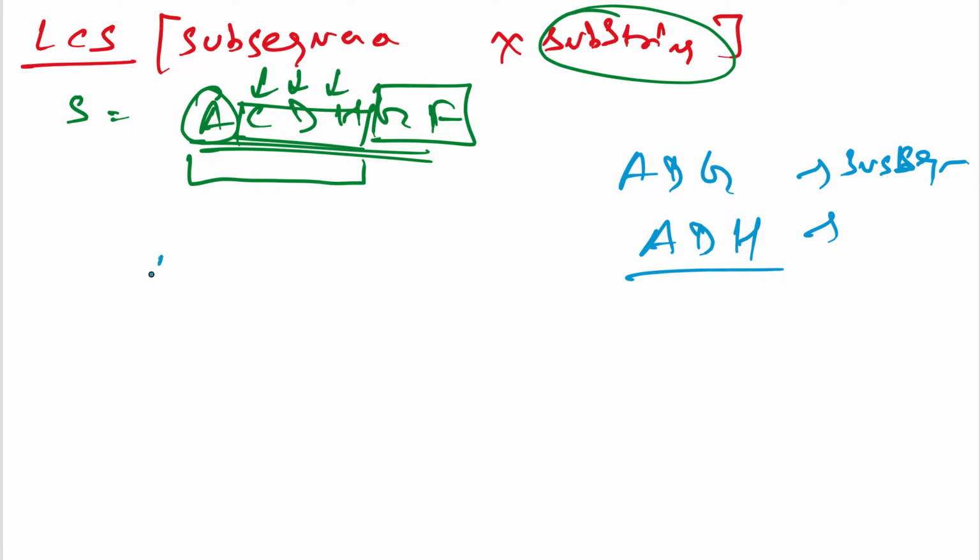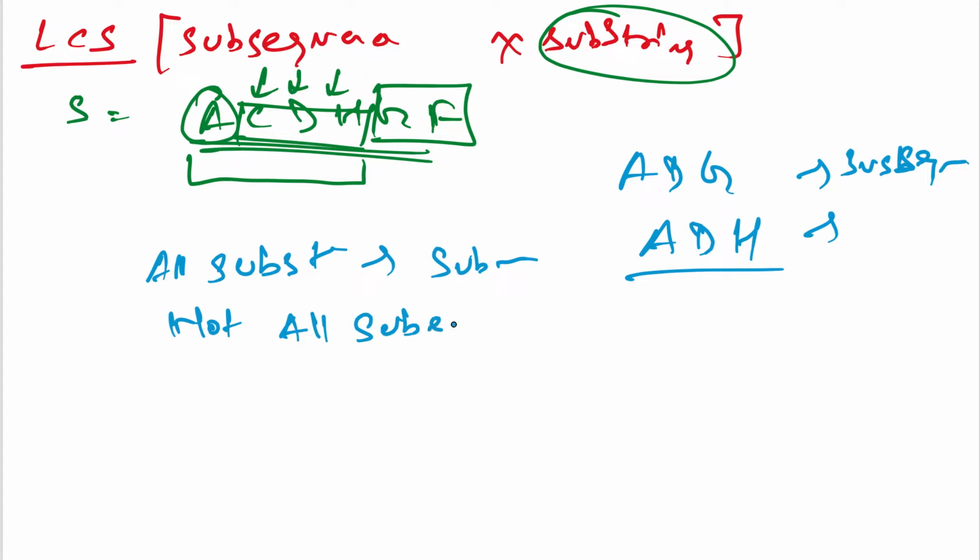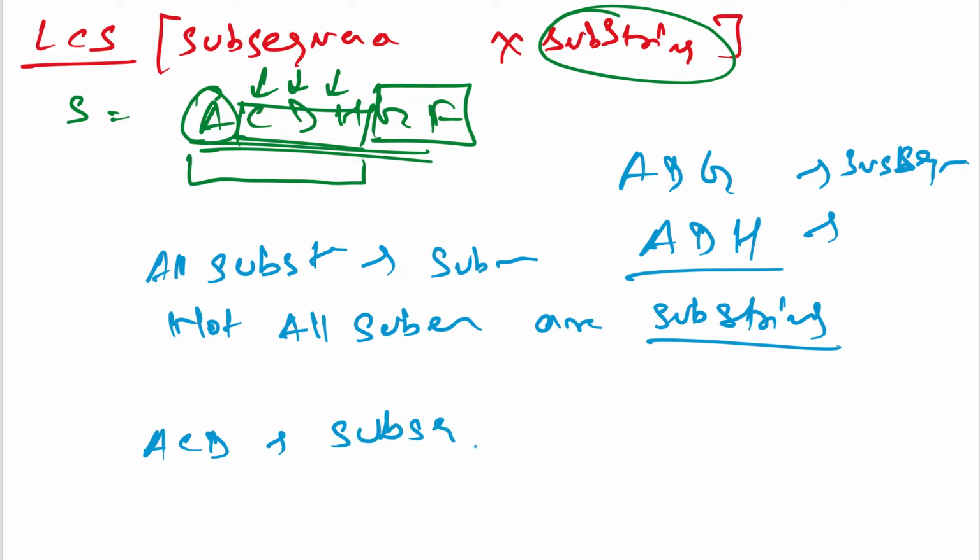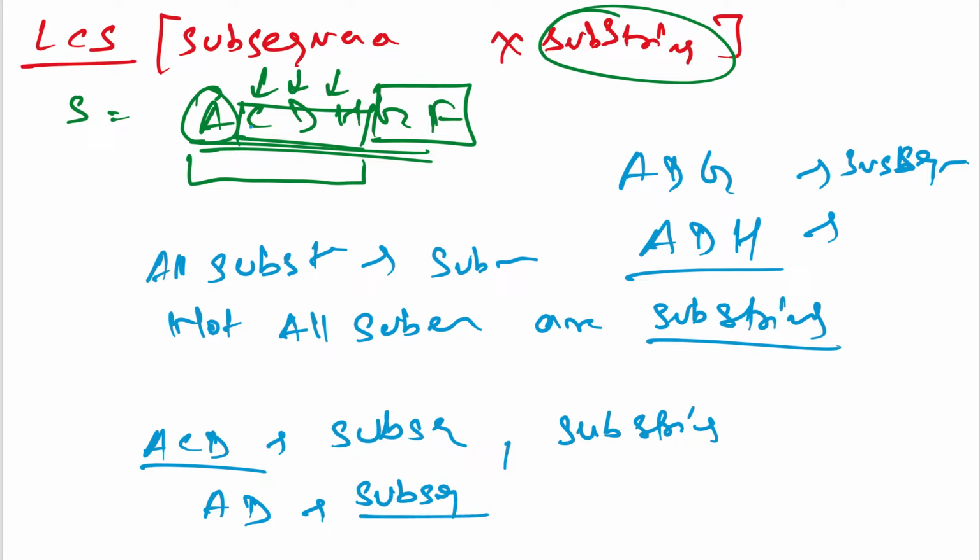So all substrings are subsequences, but not all subsequences are substrings. A, C, D is both a subsequence and a substring as it's contiguous, but A, D is only a subsequence. The whole string can be considered as a subsequence as well as a substring.